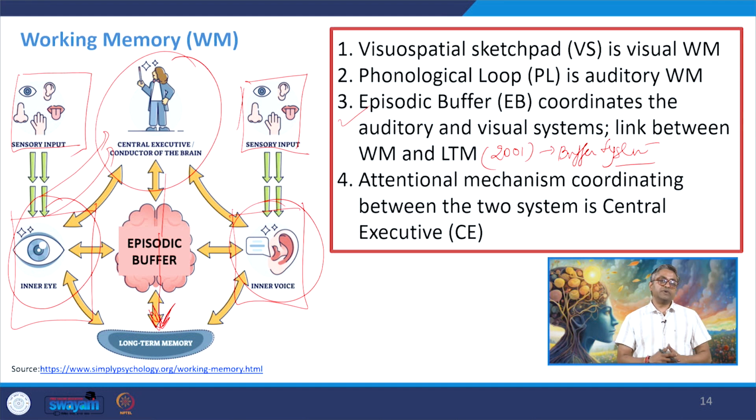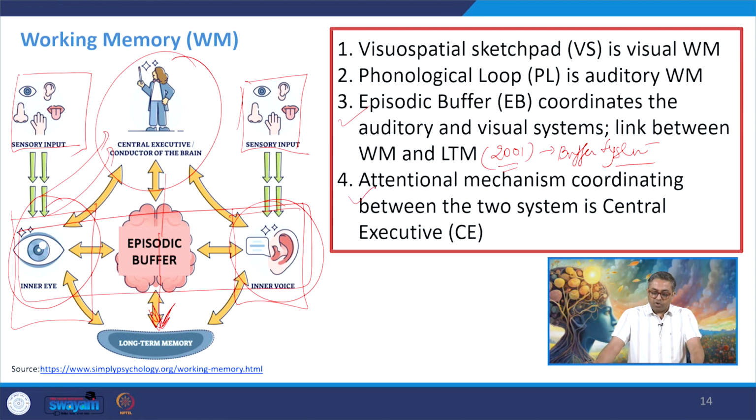Once the visual working memory information had been processed, only then would the auditory working memory information be processed. But people started to rectify this misconception, and in 2001 we added the buffer system. The buffer system ensured which information is going to be selected, and which information, after the selection, is going to be passed down to the central executive system for further processing.